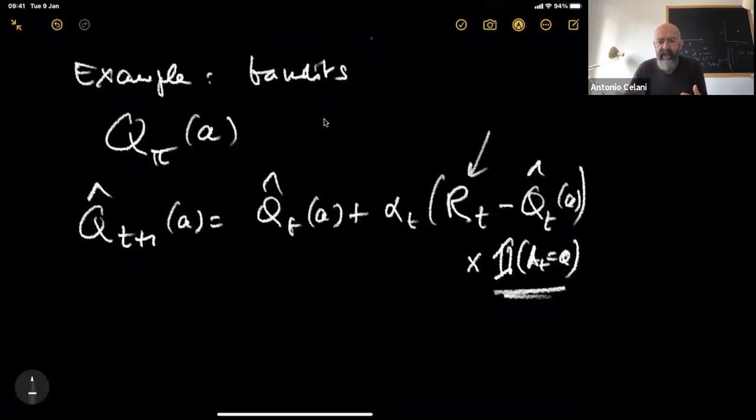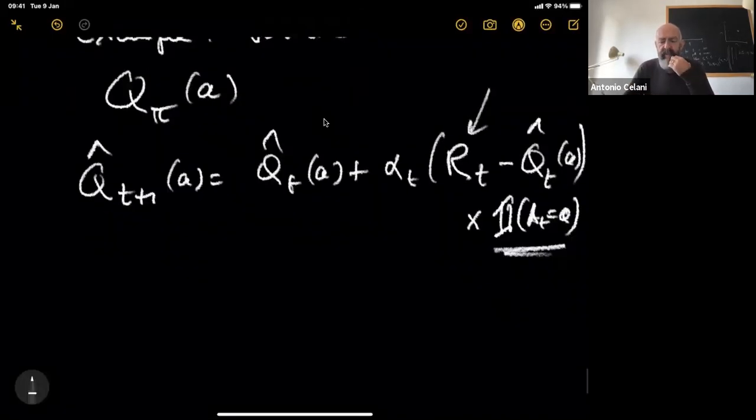But as a result, this means that while you're working out your strategy, you will have to keep multiple records, one for each entry of your vector, and you will be updating them asynchronously. Every time you pick an action, you update that entry, and all the rest stays the same.